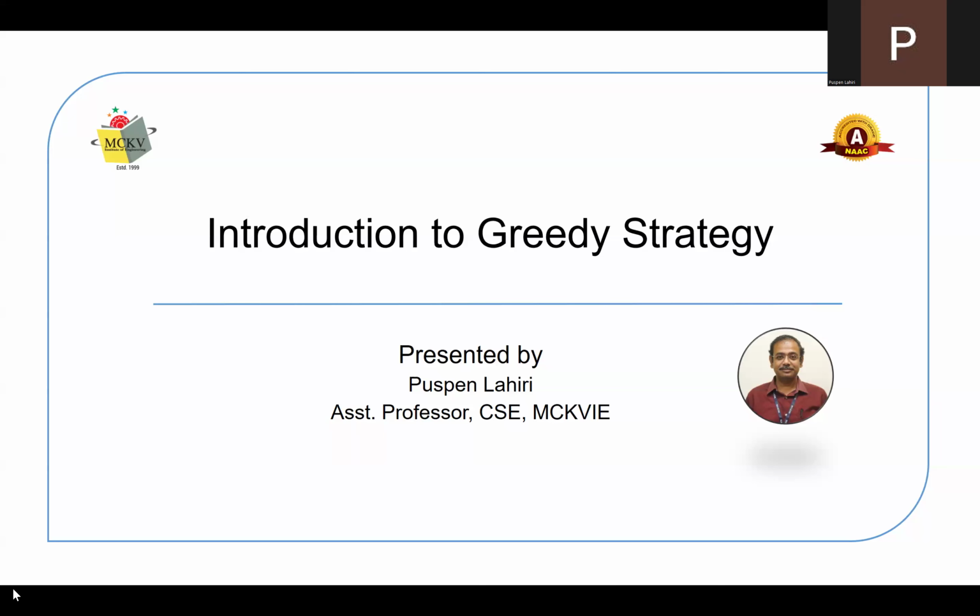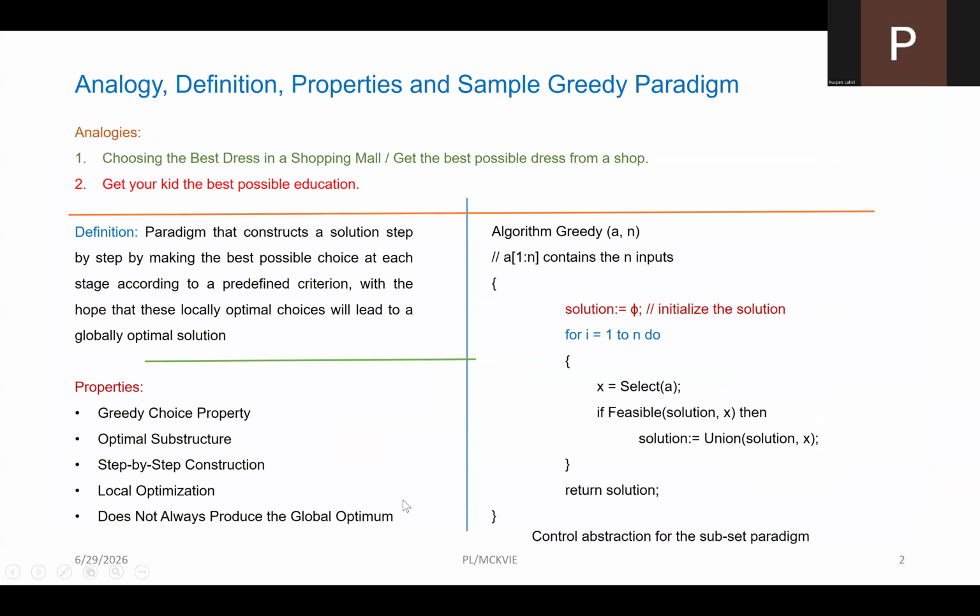step. And this is precisely the essence of our today's discussion, which is called the greedy paradigm. The greedy method suggests that one can devise an algorithm, not a solution, rather an algorithm that works in stages, considering one input at a time.